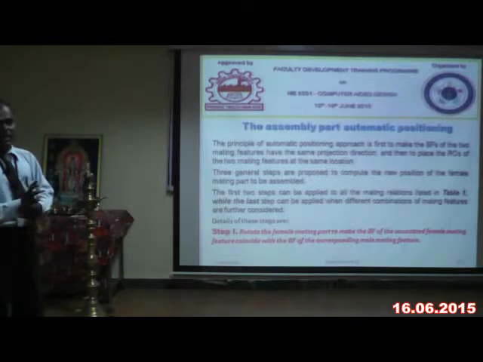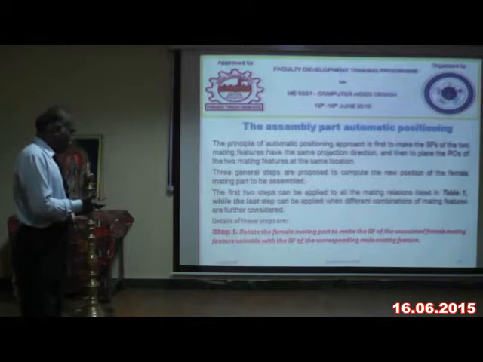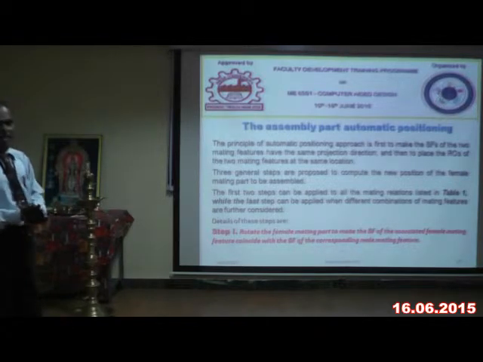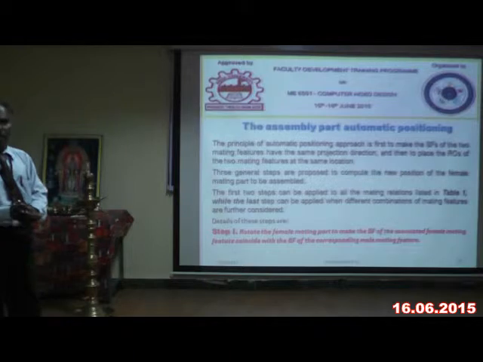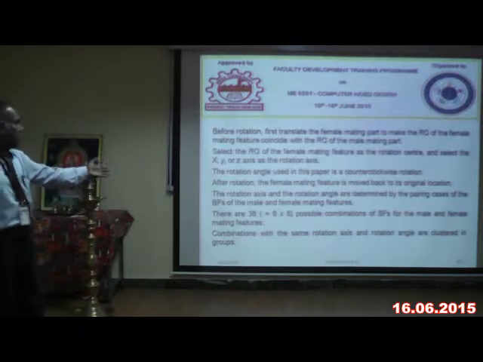After location, the part should be rotated to make the boundary faces of the associated female mating features coincide with the boundary face of the corresponding male mating part. When the female part is considered, the corresponding male part orientation should be mentioned.